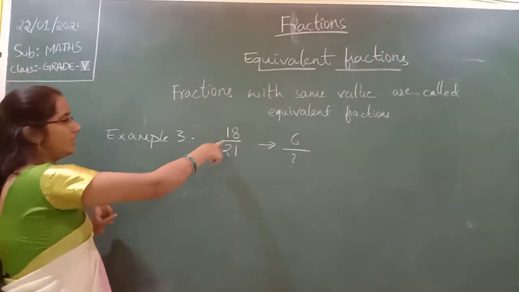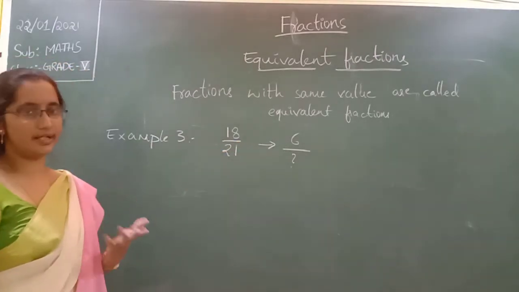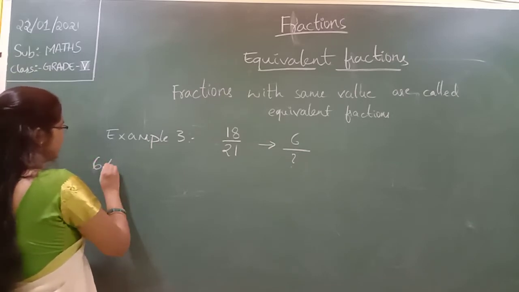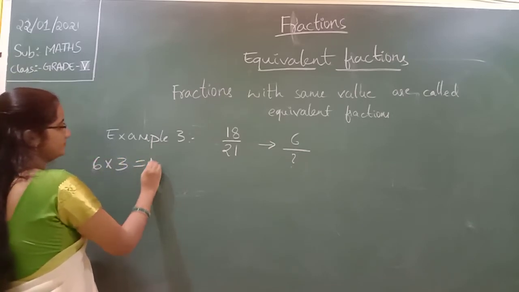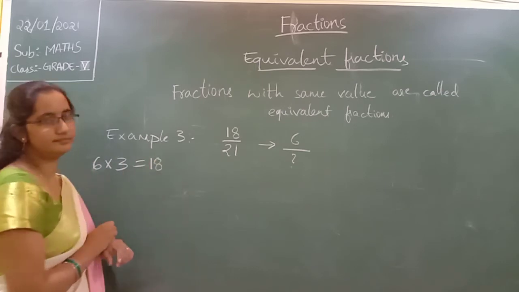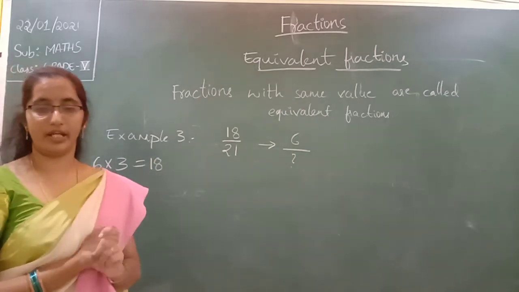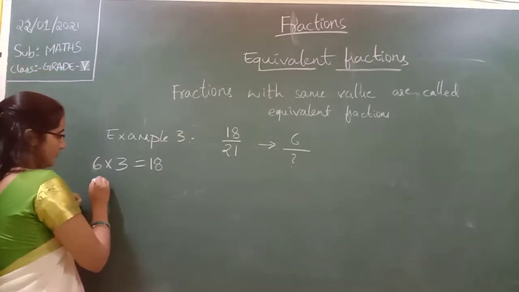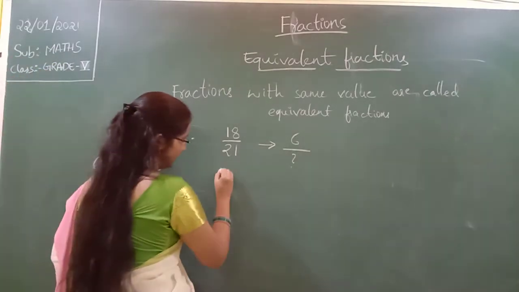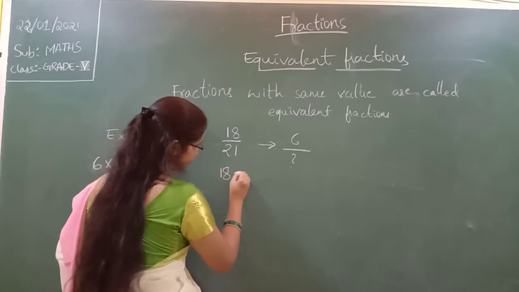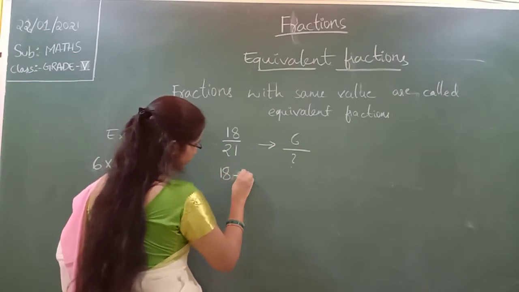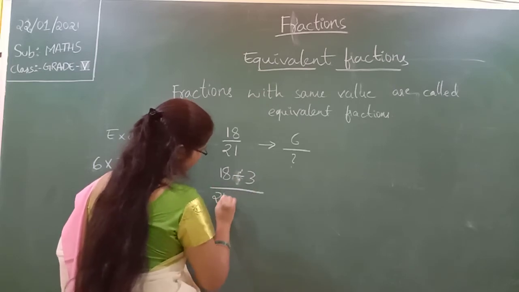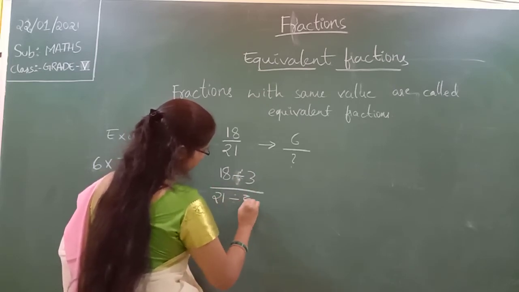Before that, 18, 6. Where will you get 6? 6 threes are 18. So first we have to divide 18 and 21 by 3.